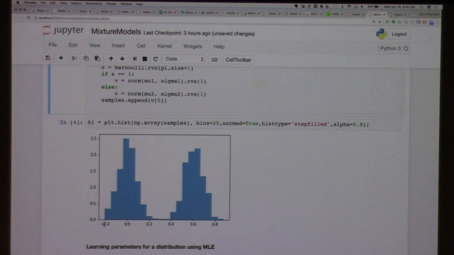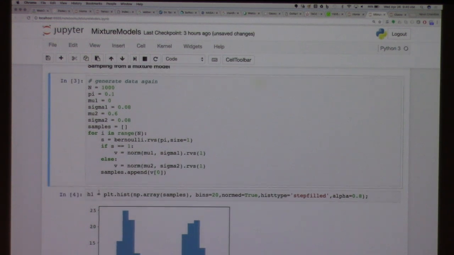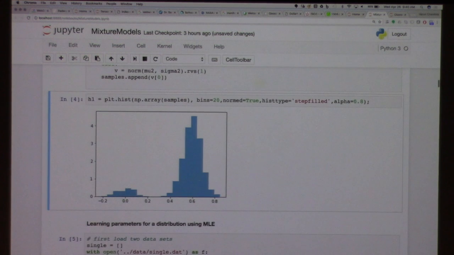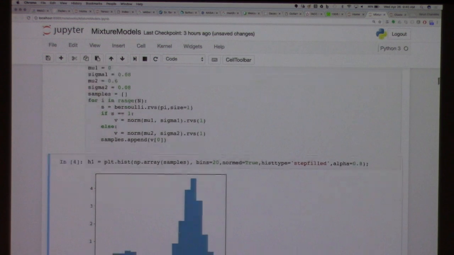So what you'll see is a bunch of points from this Gaussian, and this is another Gaussian. If I change my pi, instead of 0.5 I make it 0.1, and do this sampling, you will see that the empirical distribution has changed, because the number of times this component was selected would only be 0.1 of the total, or the expected number of times.